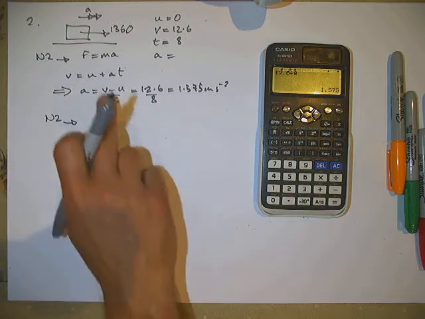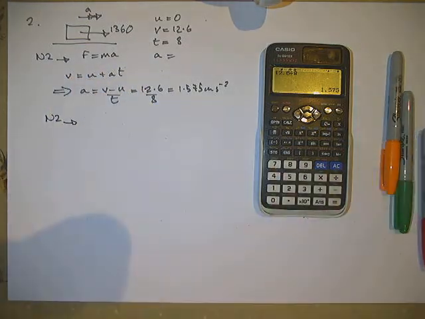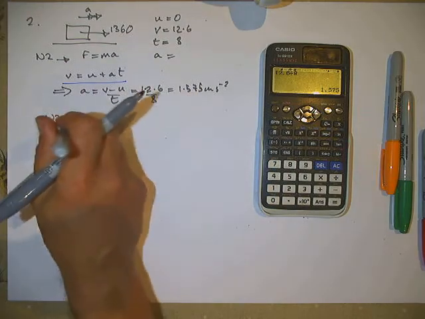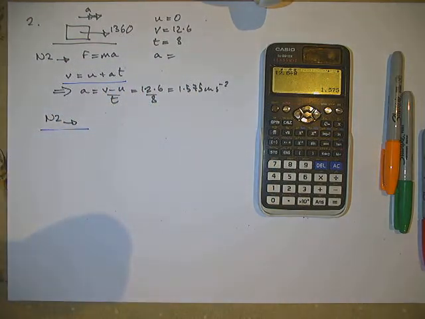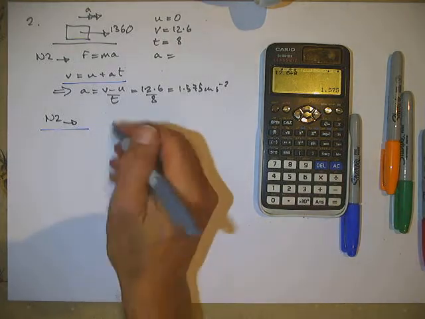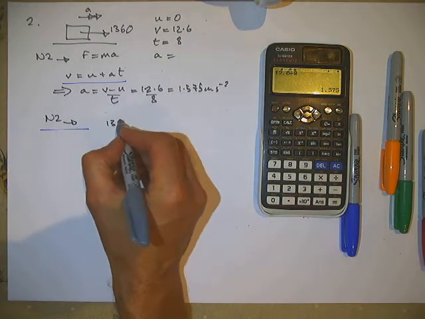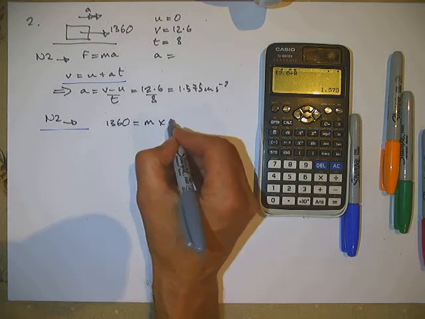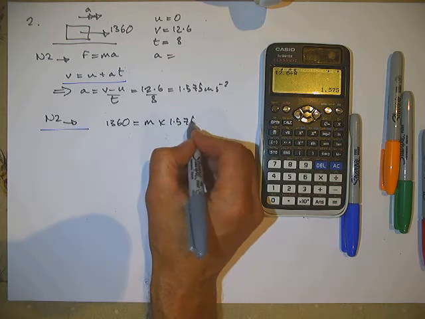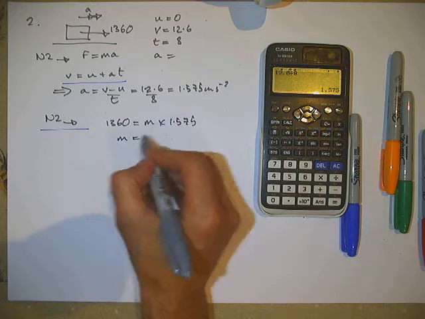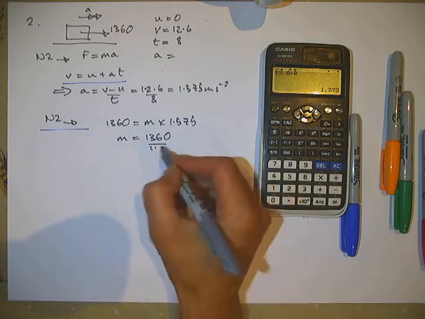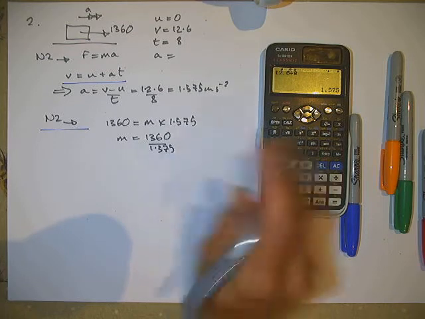Now we can apply Newton's second law. Say what you're doing every stage, okay? So here, quote the formula, then rearrange it. State it's Newton's second law. So we've got the resultant force is mass, which we don't know, multiplied by the acceleration. So the mass is 1360 divided by 1.575.